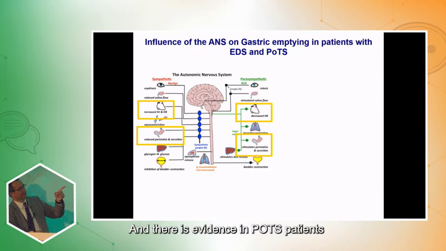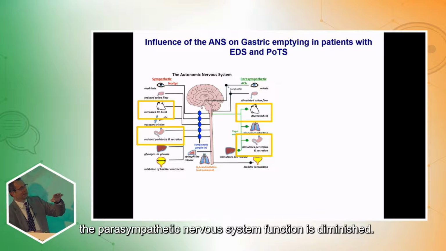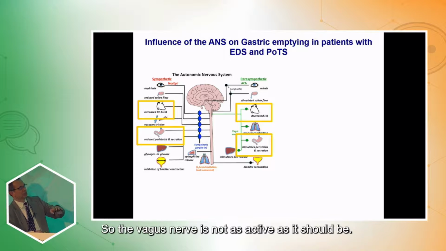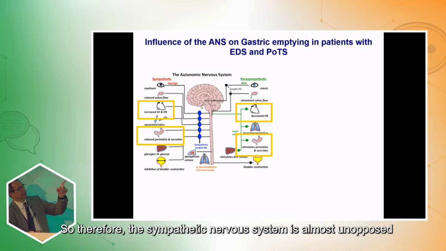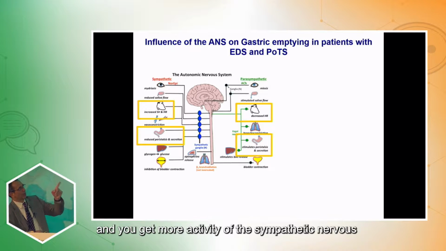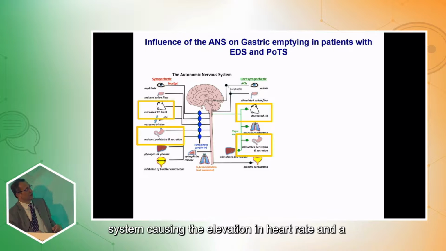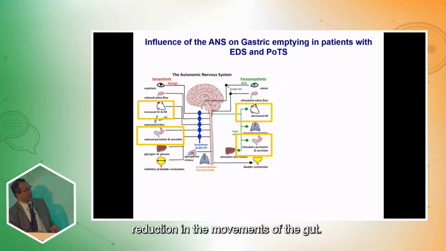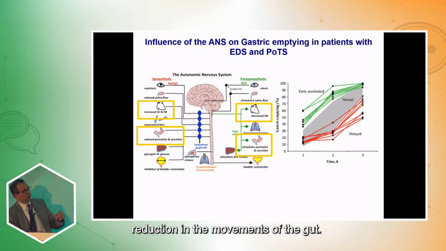And there is evidence in POTS patients and in hypermobile patients in general that the parasympathetic nervous system function is diminished. So the vagus nerve is not as active as it should be. Therefore, the sympathetic nervous system is almost unopposed, and you get more activity of the sympathetic nervous system, causing the elevation in heart rate and a reduction in the movements of the gut.